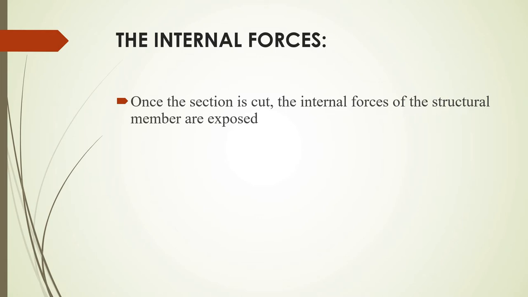Once a section is cut, the internal forces of the structural members get exposed, and again, like we discussed in the previous lecture, those forces are axial force, shear force, and bending moment.